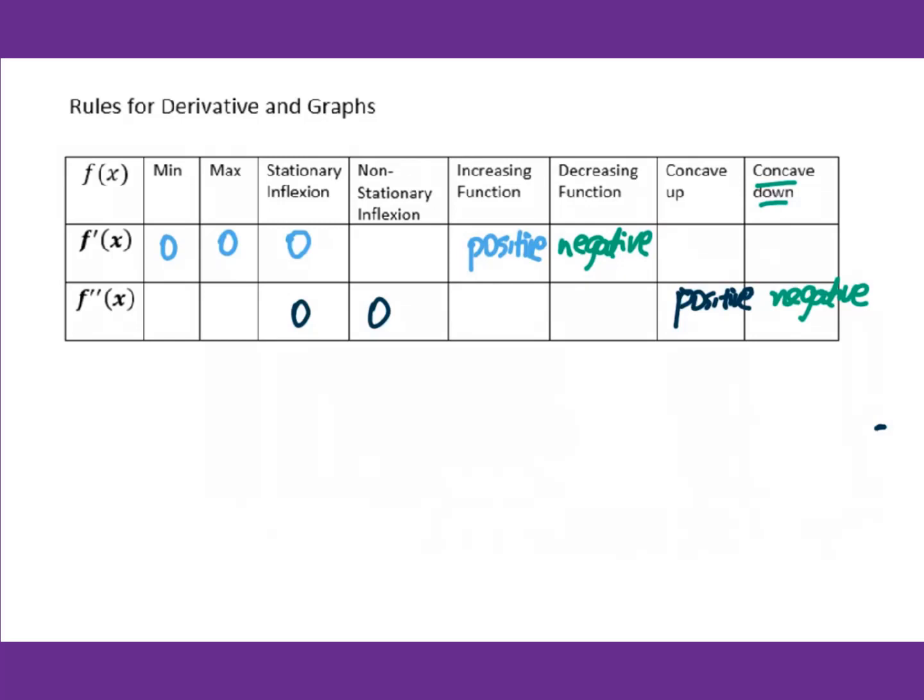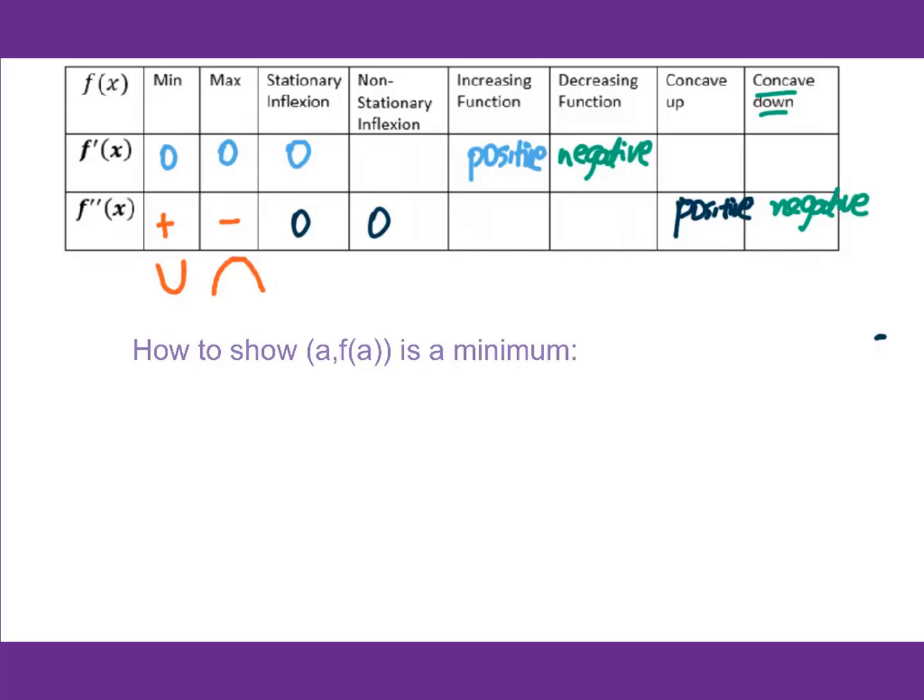And also, if it's a minimum point, which means it's concave up, definitely it's positive. When it's a maximum, it's concave down, so it will be negative. How to show f of a is a minimum point?